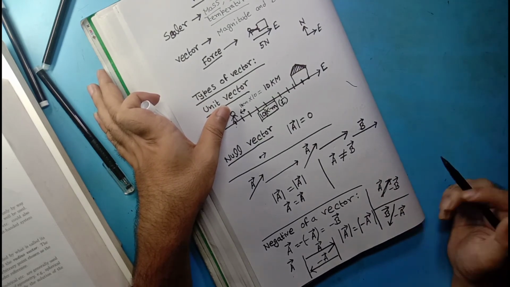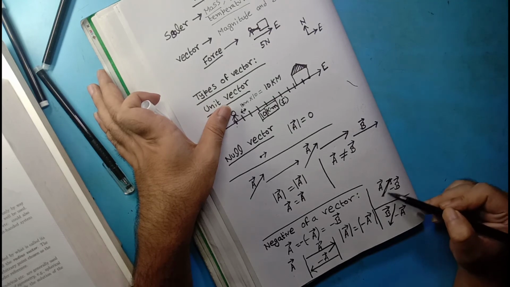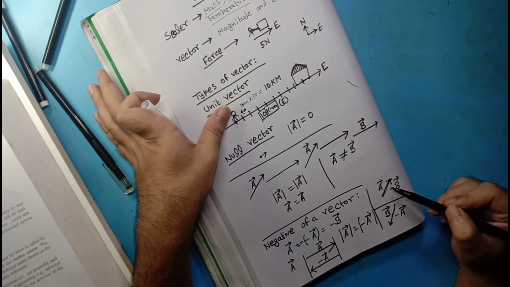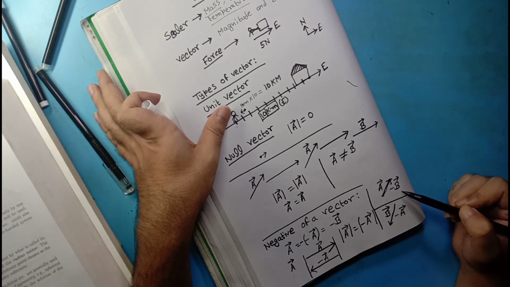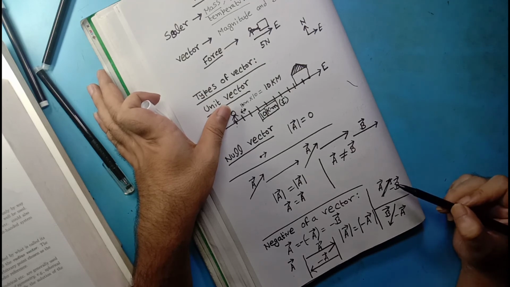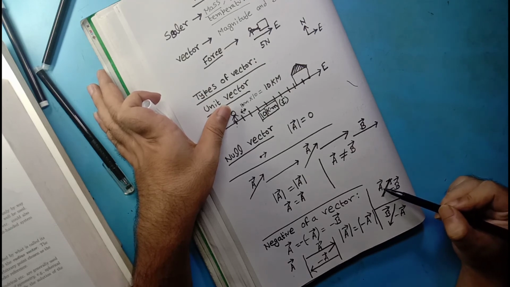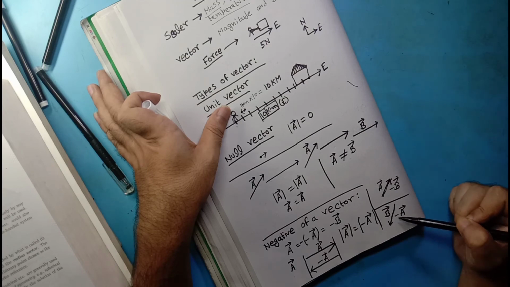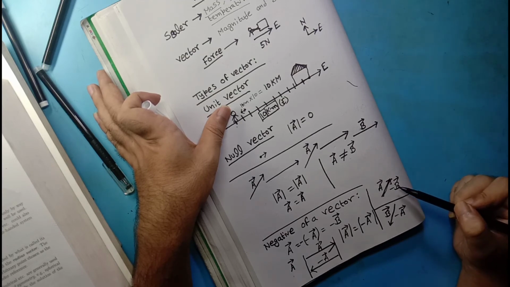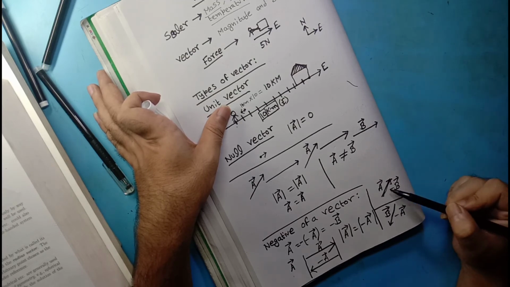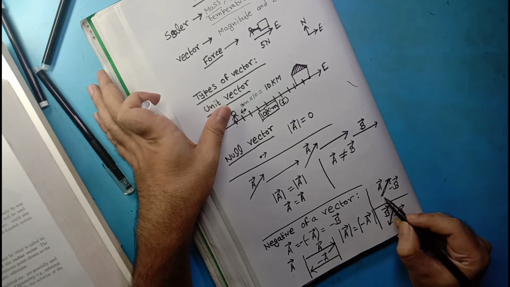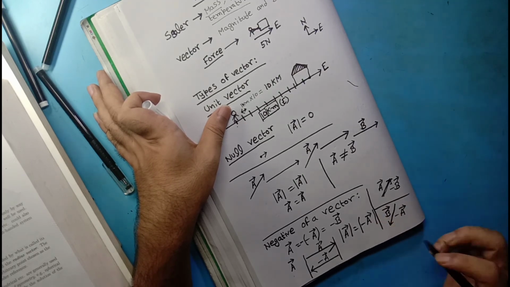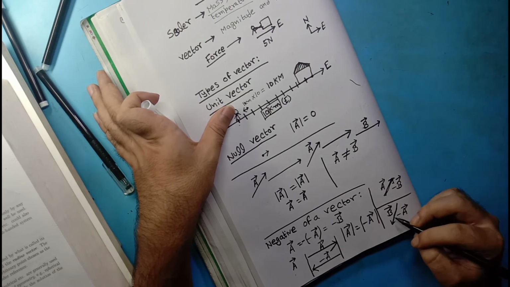There is no limitation that we have to take this vector in this direction, so we can take it as minus v vector. If we take this as vector a, then it will be minus a vector, and if we take this minus v vector, the direction is reversed, so we can represent it by v vector.